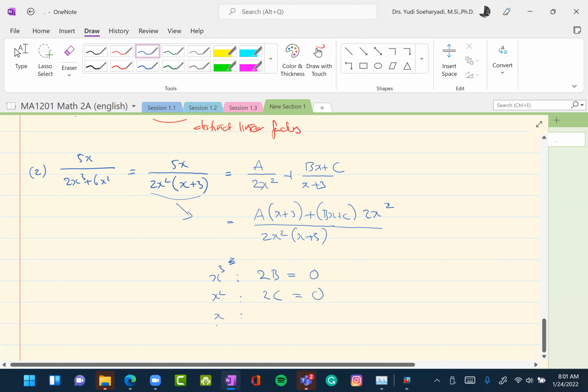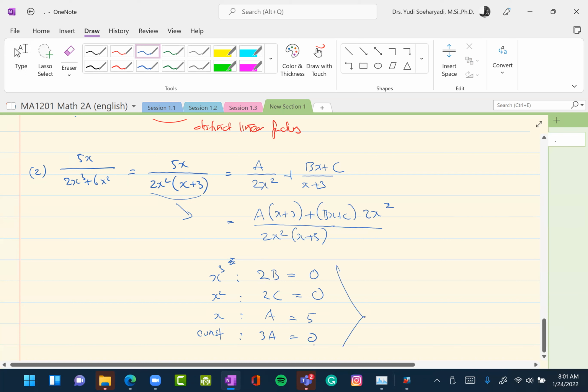What about x? How many x? You get x from here. Just a. That's 5. Right? And what's the constant? Constant should be, what's the constant? 3a. 3a equals 0.